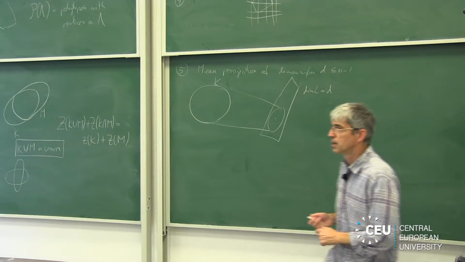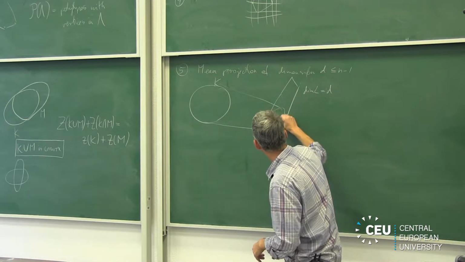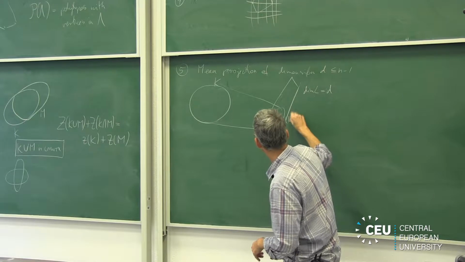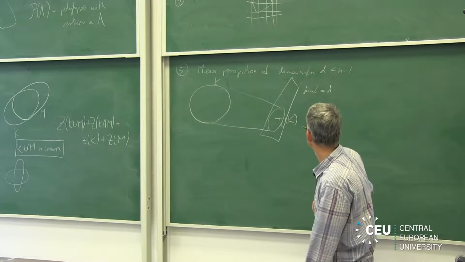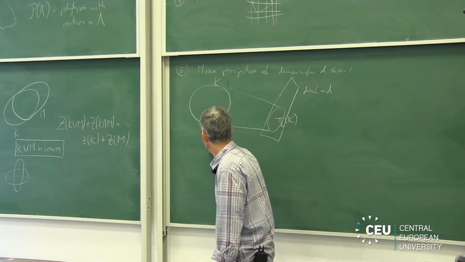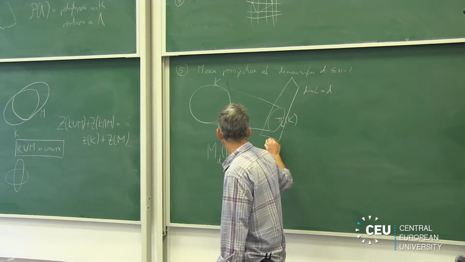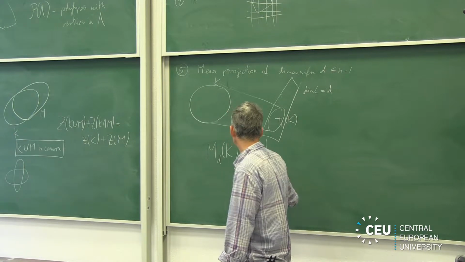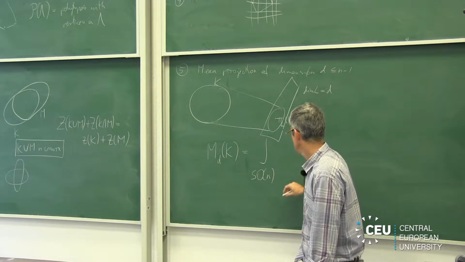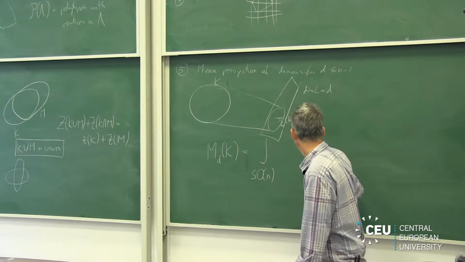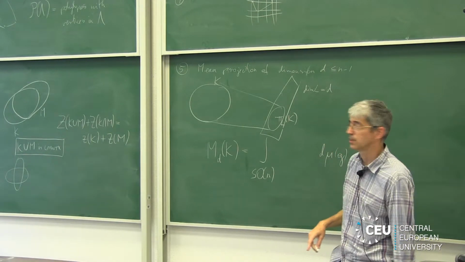I don't understand. What do you integrate again? So maybe I take this set to be pi L of K, the projection into L. Then the mean projection, capital M D of K, is the integral over SO(n). We are in the n-dimensional space, so this is the Haar measure on SO(n).